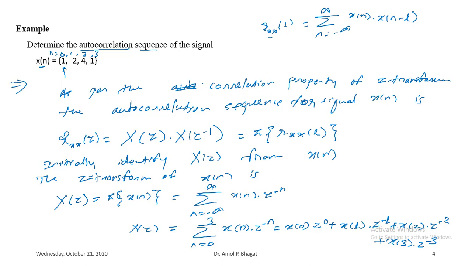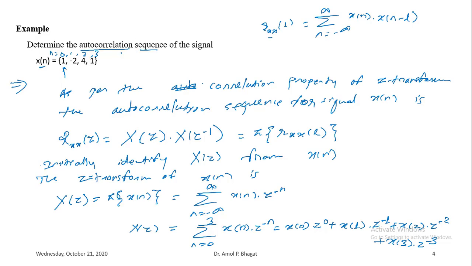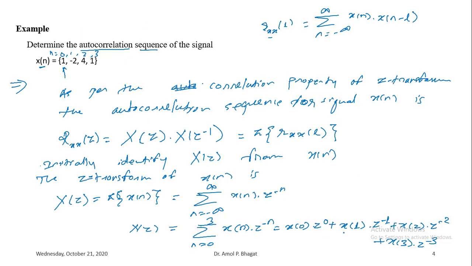If I substitute these values, x of 0 is 1, x of 1 is minus 2, x of 2 is 4, and x of 3 is 1. So I will get x of z. The value of x of 0 is 1, so 1 multiplied by z to the power 0, which is 1. Then x of 1 is minus 2, so minus 2 z inverse.